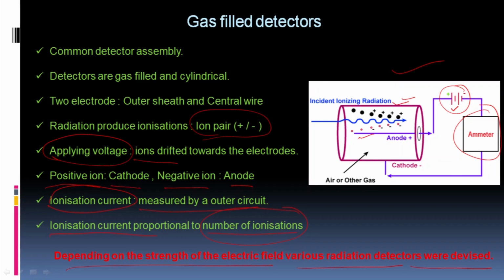These are a series of detectors devised by increasing the strength of the applied voltage. Now, what will happen from one applied voltage region to another as the voltage is incremented, we will see.